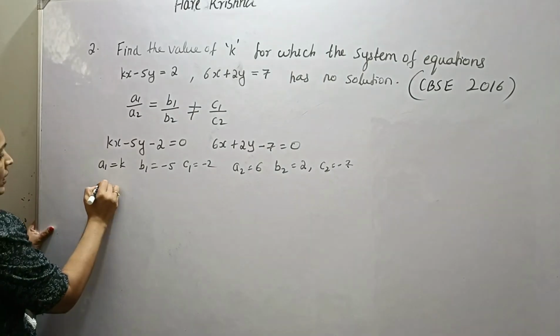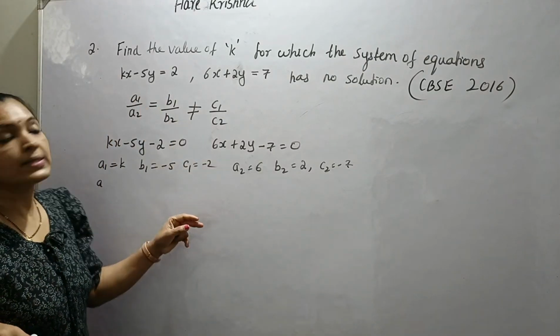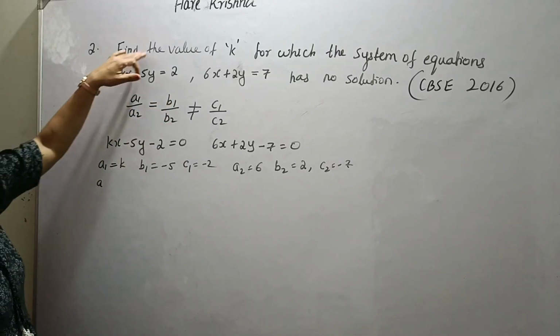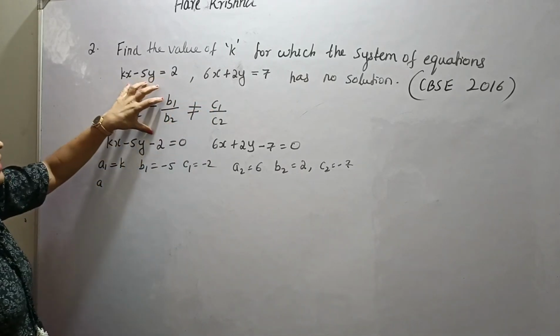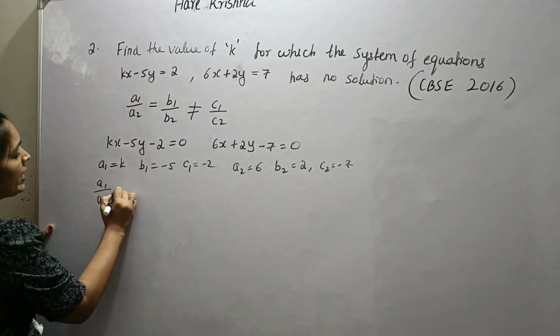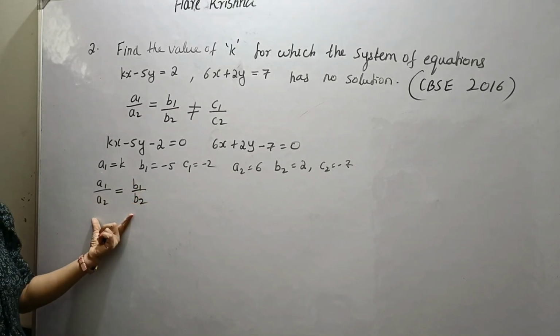Now we know that if these equations have no solutions, then a1 by a2 is equal to b1 by b2. We need to find the value of k, so there is no need to take this one. Let's consider this one, that is a1 divided by a2 is equal to b1 by b2, so that we can find the value of k.